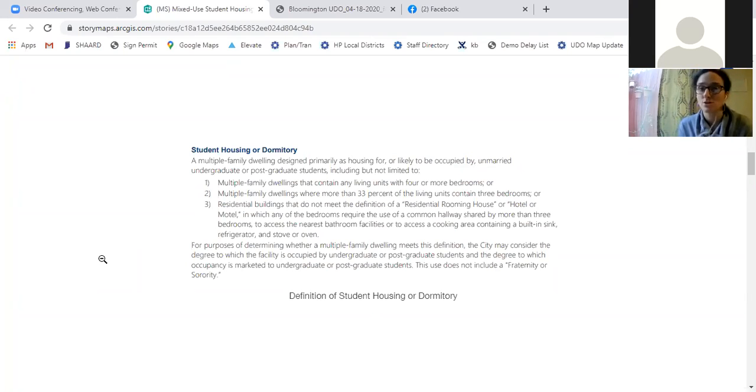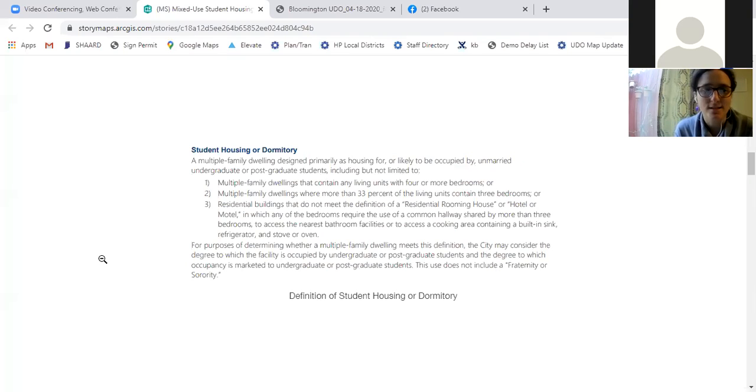That is a new change with the UDO, and a way to address concerns of the community, but also to allow for what we obviously need, a place for our students to live, and some who want to live in groups, that be available.